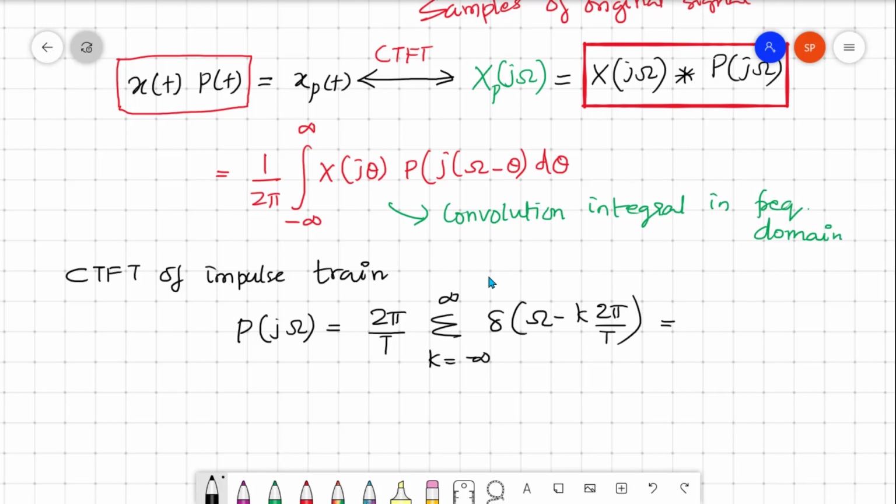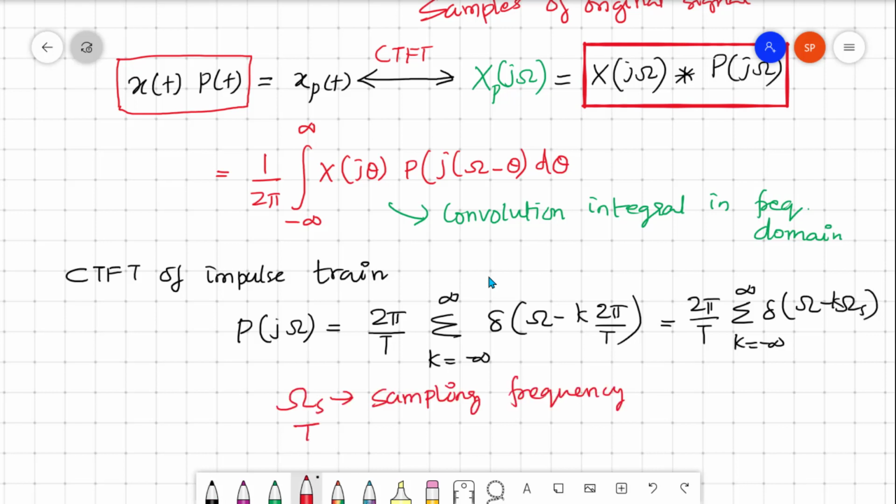This can also be written as 2 pi by T into summation k varies from minus infinity to plus infinity delta of omega minus k omega s, where omega s is the sampling frequency and T is the sampling period.